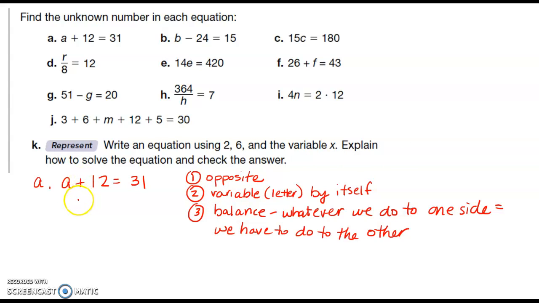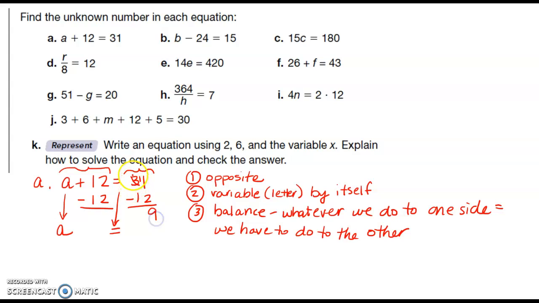So right now I'm adding, so I'm going to subtract 12 from this side. 12 minus 12 gives me 0, and my A comes down. My equals is also going to come down. One of my rules is that whatever I do to one side of the equals, I have to do to the other side. So I'm going to subtract 12 from here.